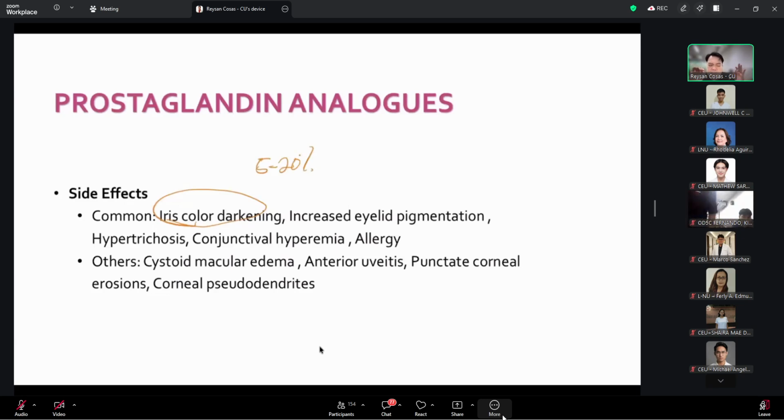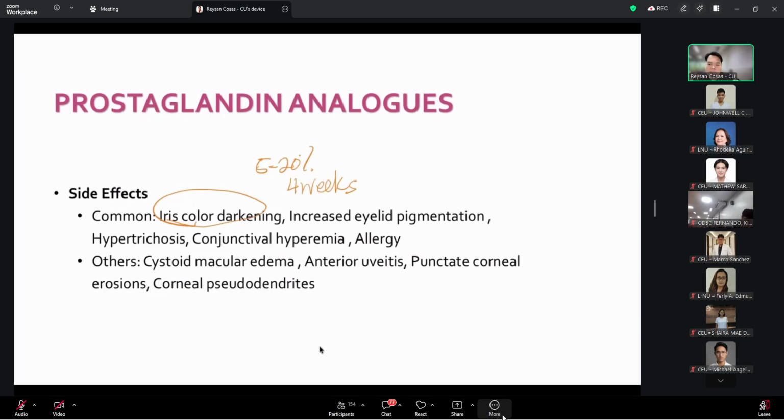And this is developed after like 4 weeks of treatment with latanoprost and other prostaglandin analogs. But some patients develop it after several months after initiation of latanoprost therapy.